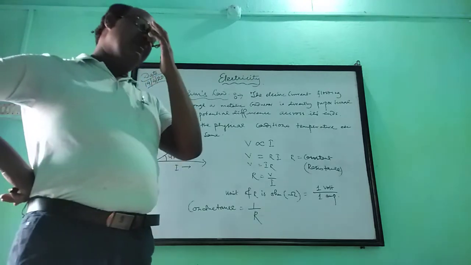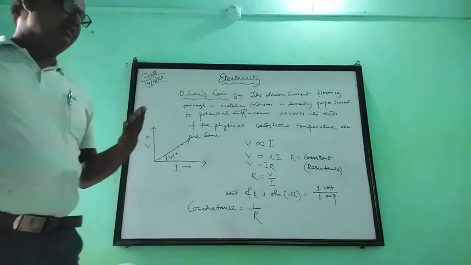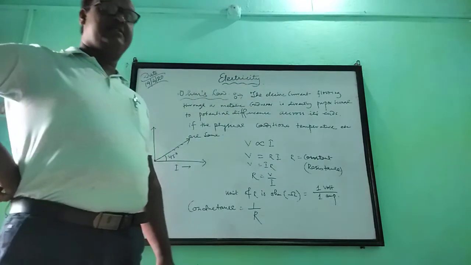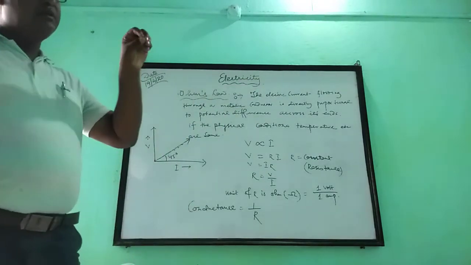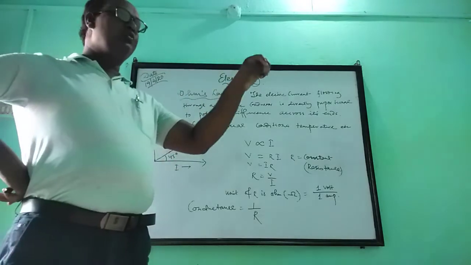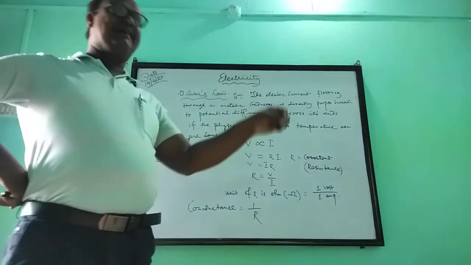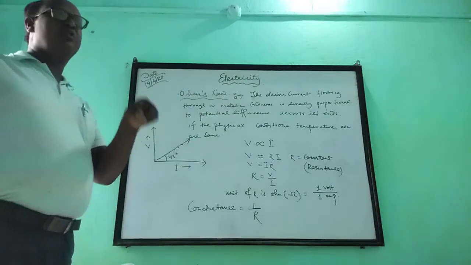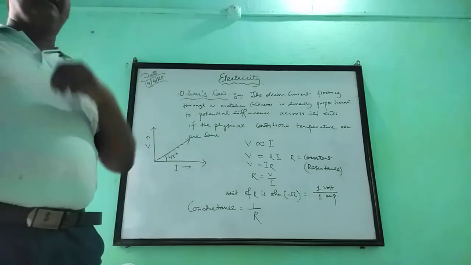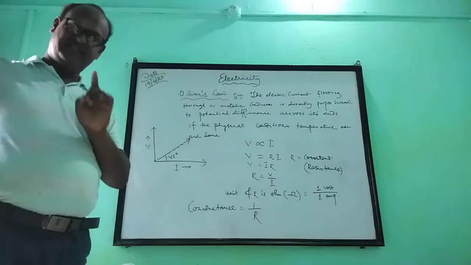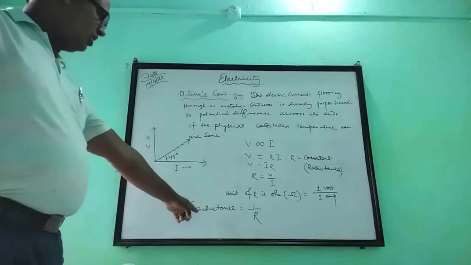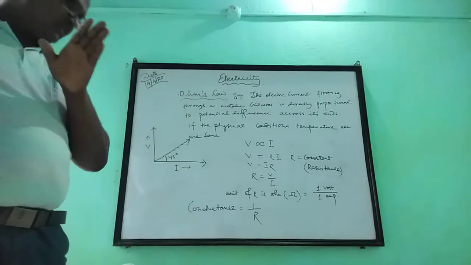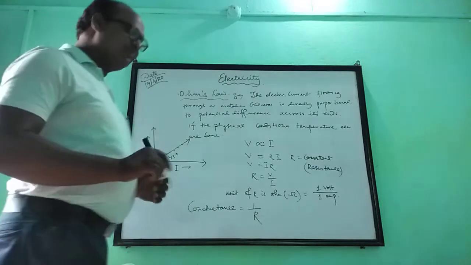Resistance is nothing but a hindrance or obstacle in the conductor when current is passed through it. When current is passed through a conductor, it also applies some hindrance or obstacles. This is called resistance. And the reciprocal of resistance is called the conductance.